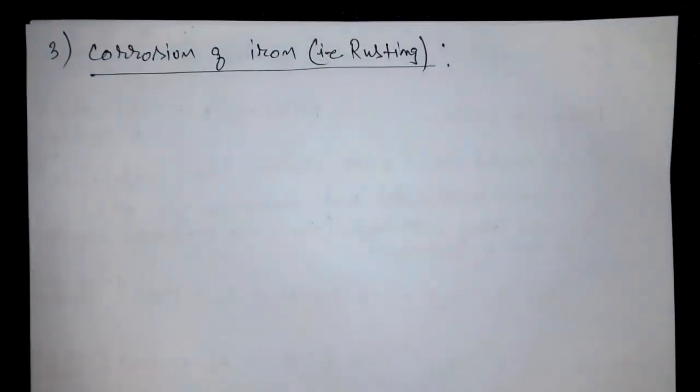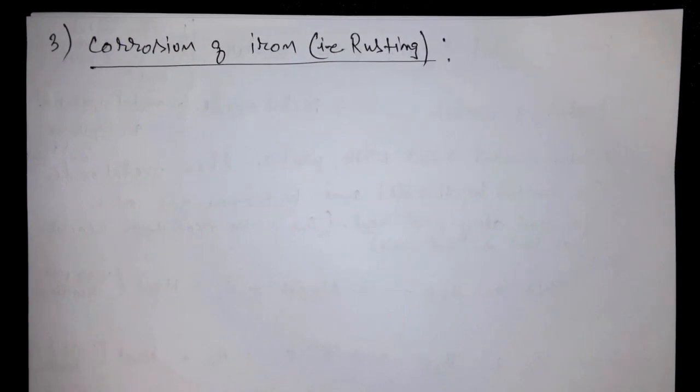This is more common because iron is the most abundant metal that we use in our daily activity. When iron undergoes corrosion, that is rusting, some brown thing is produced, and that brown thing we say is rust.